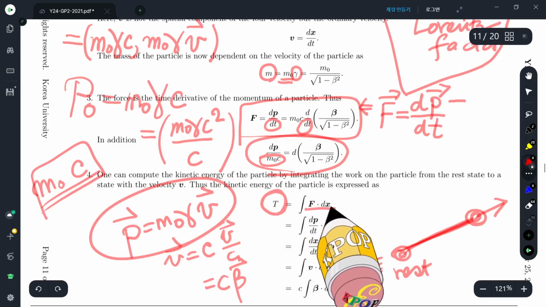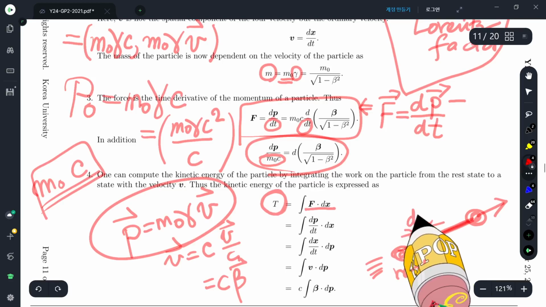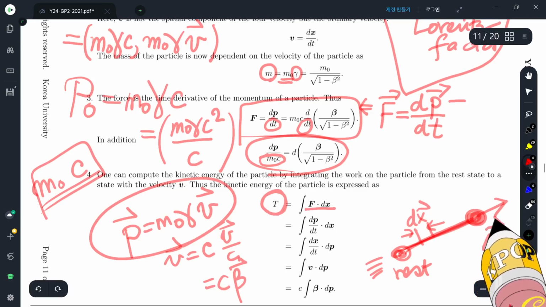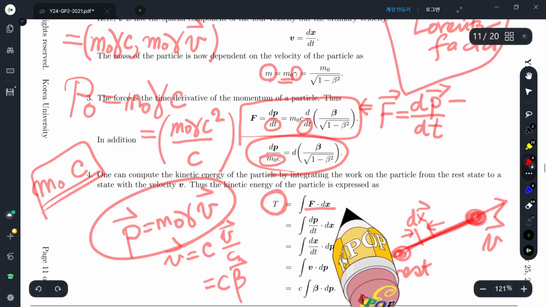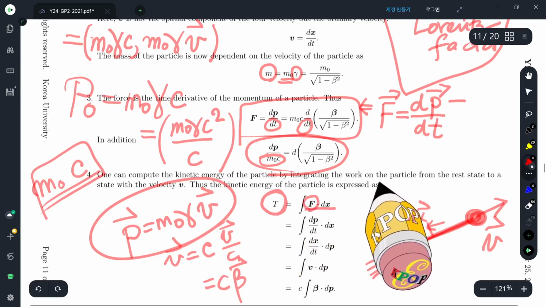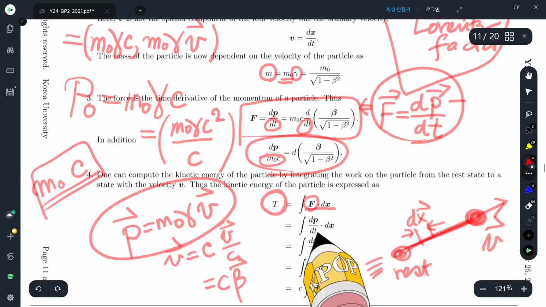And this displacement is true from x from rest to the velocity v. We find the momentum is the time derivative of a linear momentum.